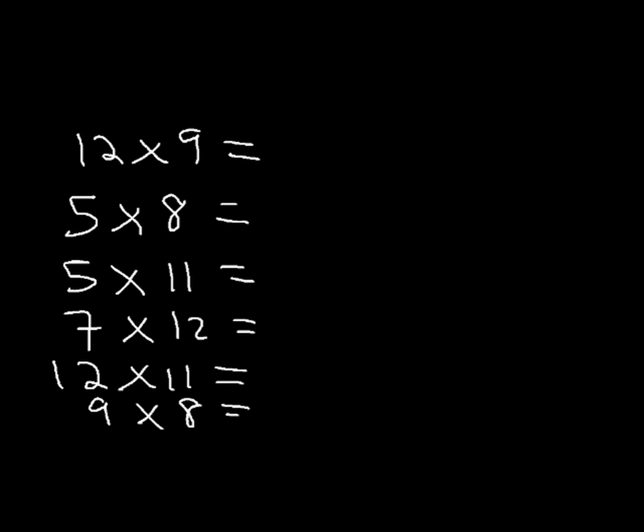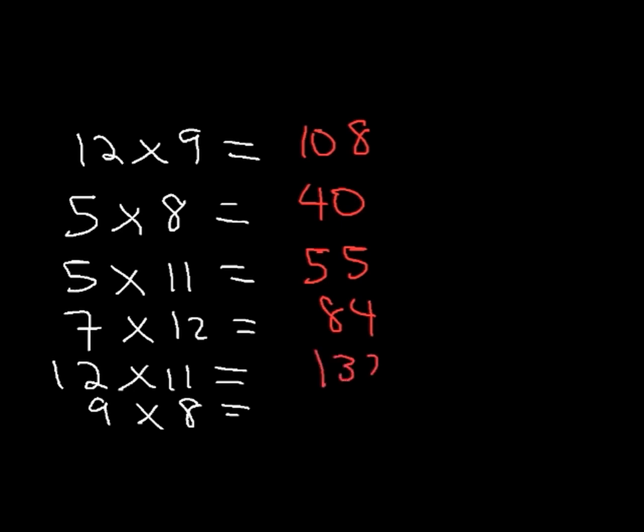So 12 times 9 is 108, 5 times 8 is 40, 5 times 11 is 55, 7 times 12 is 84, 12 times 11 is 132, 9 times 8 is 72. So make sure you're able to perform such multiplication.